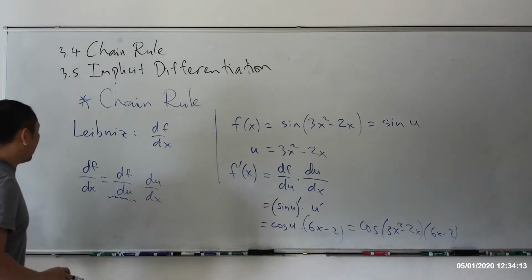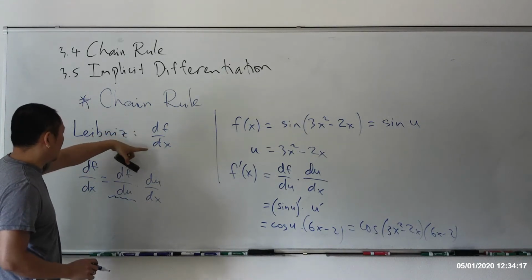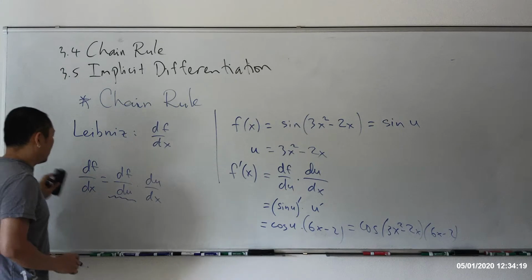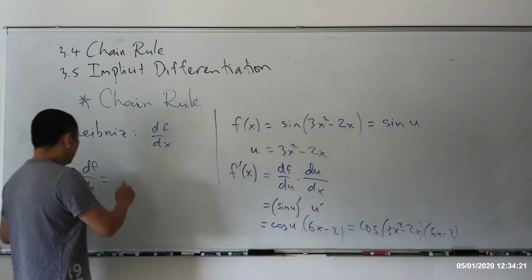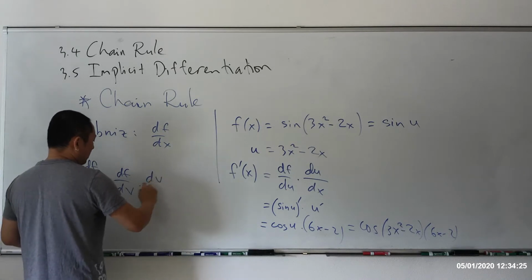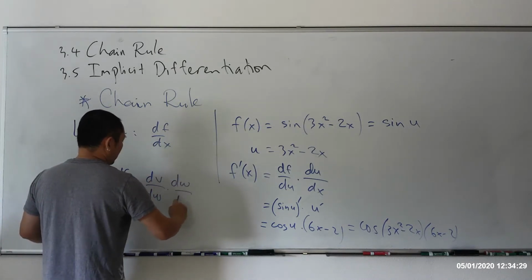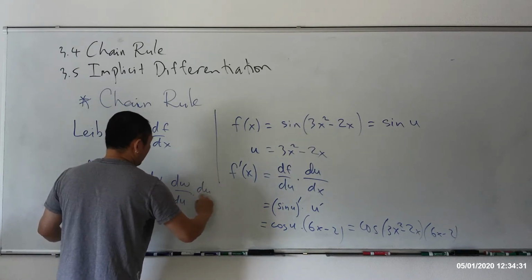And more than that, you may not have just one chain, right? From f to x, you have a u as one variable. You can think of it this way: df over dv times dv over dw times dw over du times du over dx. See?